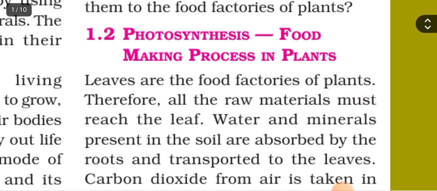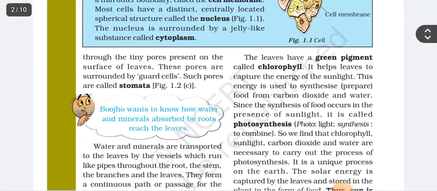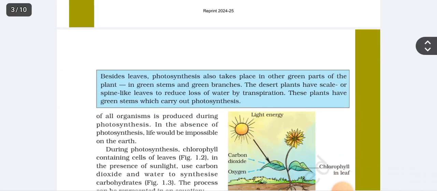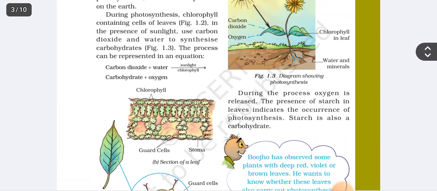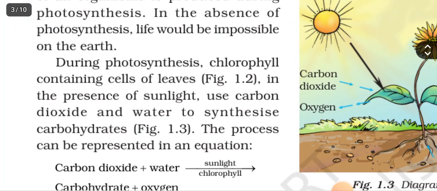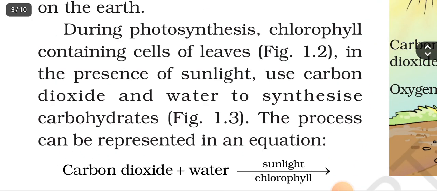Photosynthesis, food making process in plants. During photosynthesis, chlorophyll containing cells of leaves, in the presence of sunlight, use carbon dioxide and water to synthesize carbohydrates.